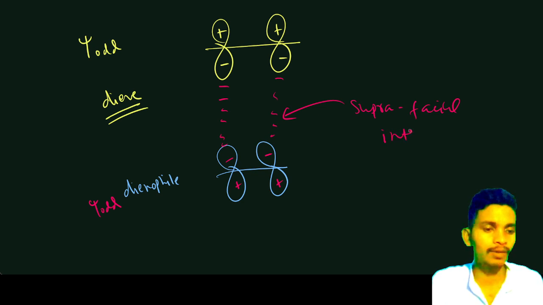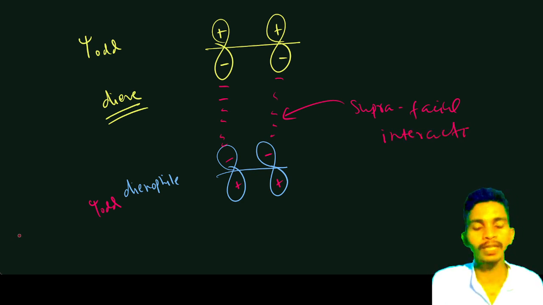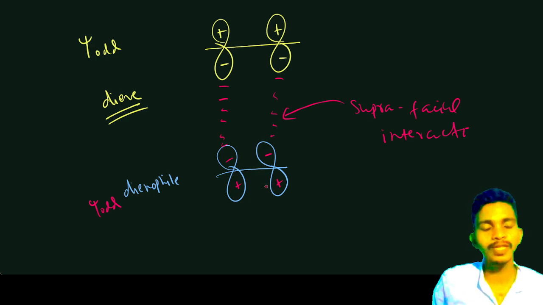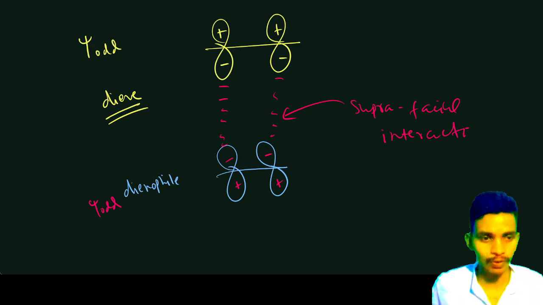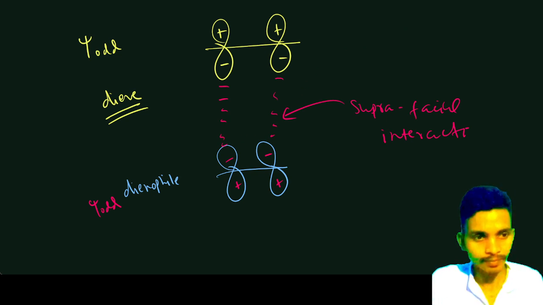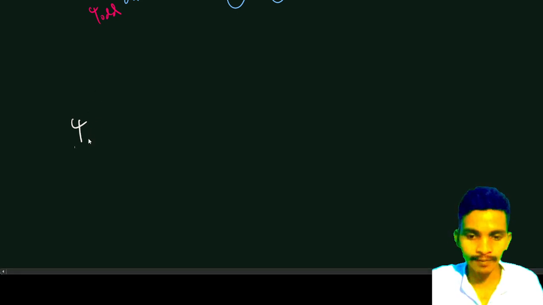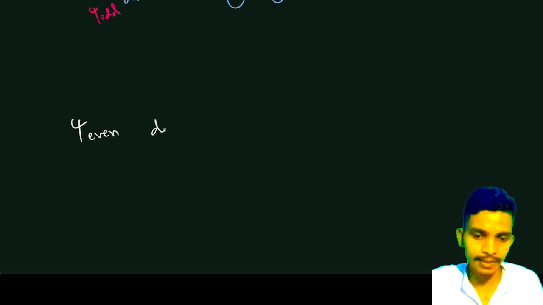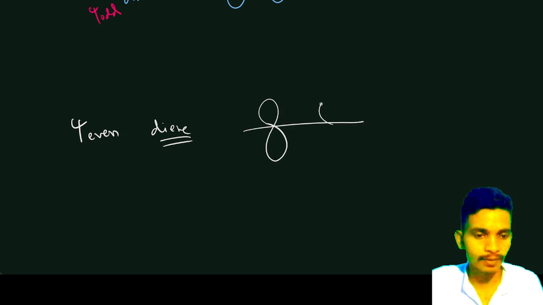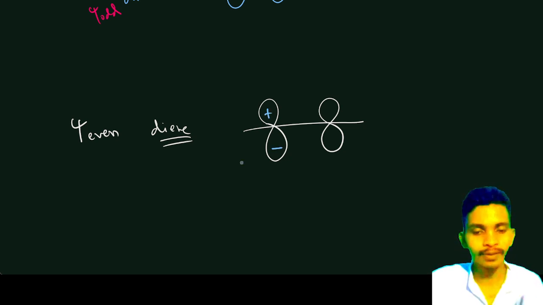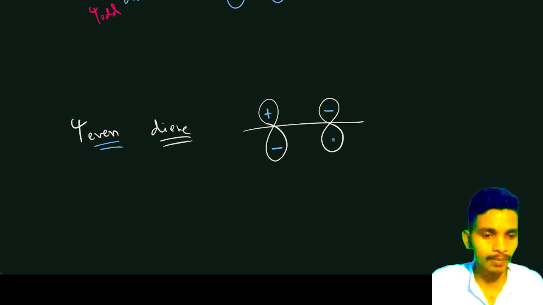Now the question is, which is antarafacial interaction? Antarafacial interaction means that the bond formation is not possible. For that case, let's say I talk about psi even for the diene case, and let's say this is positive and this is negative, then since this is even, there has to be opposite, so this is negative and this is positive.